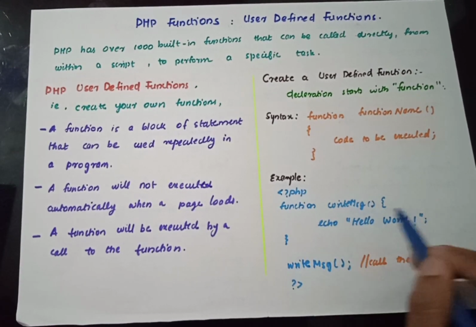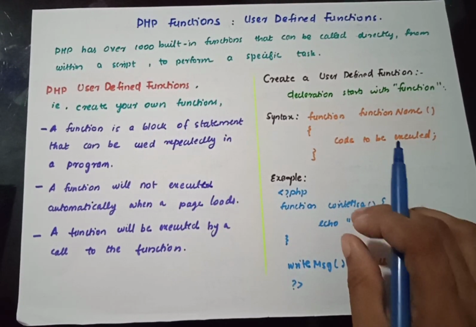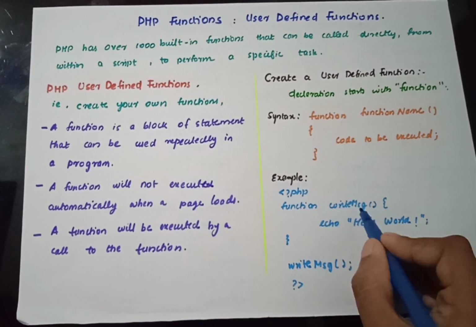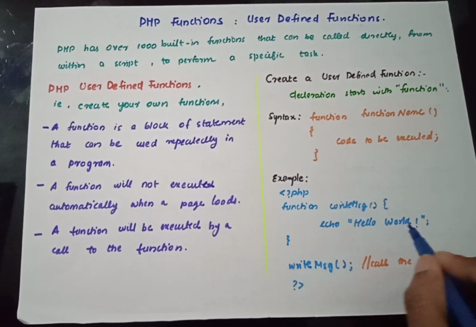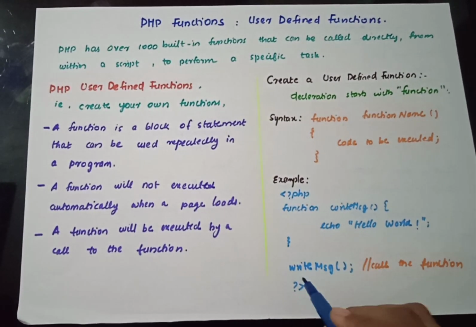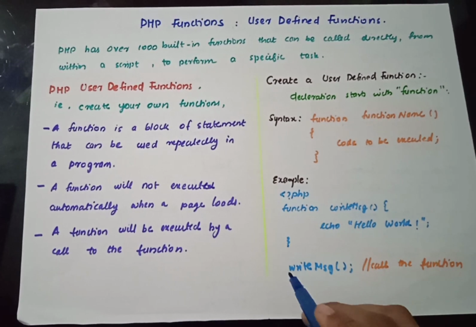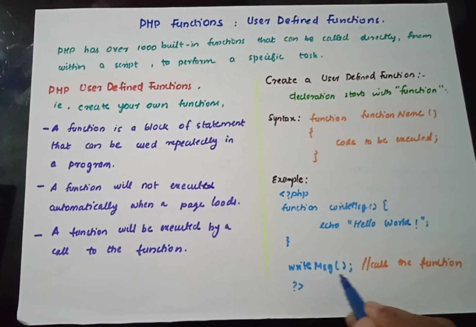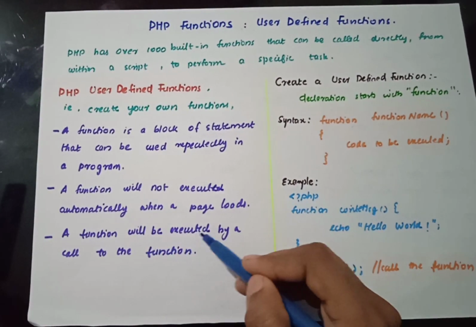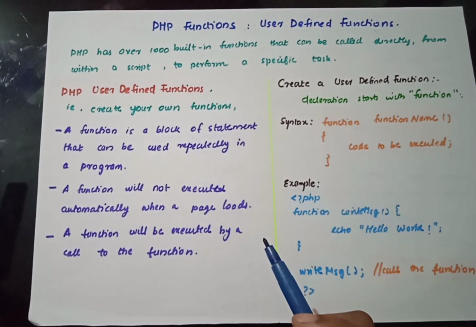That means you are going to write something inside. A set of statements inside will tell what this function is actually going to do. After completing all that, you can close the braces. A function will be executed by a call to that function.